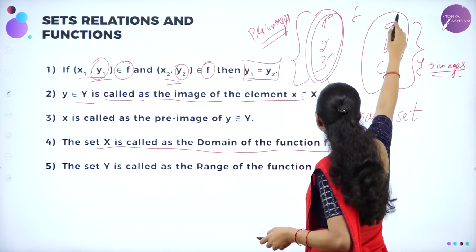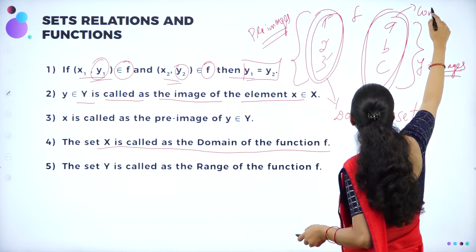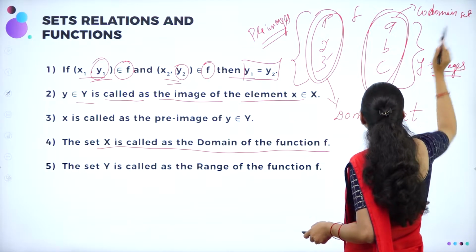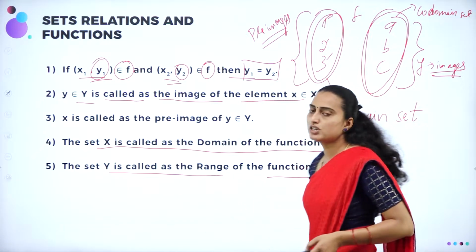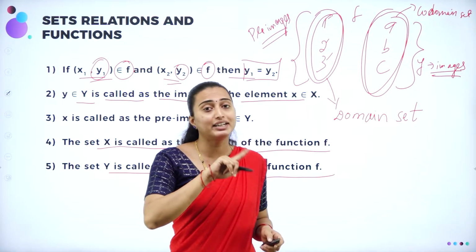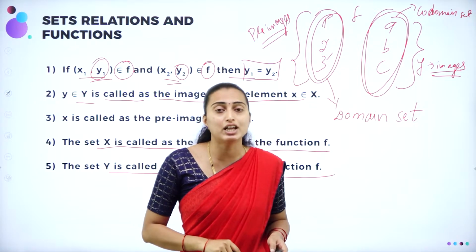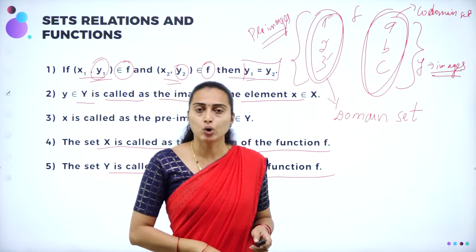And this whole set is known as the codomain set. So here Y is called the range of the function. What is the range of the function? Range of the function is nothing but the connected elements. The whole set Y is known as the codomain set.